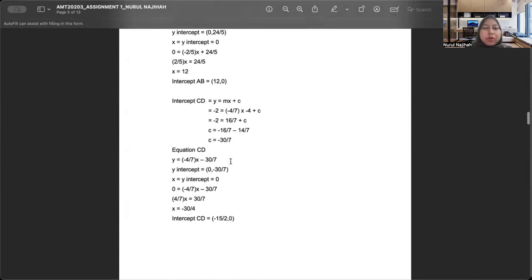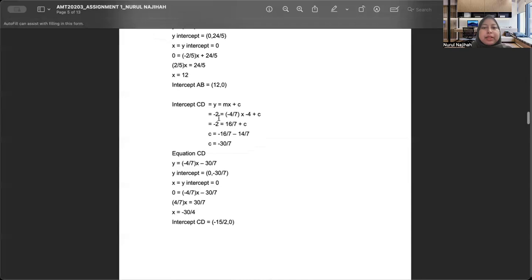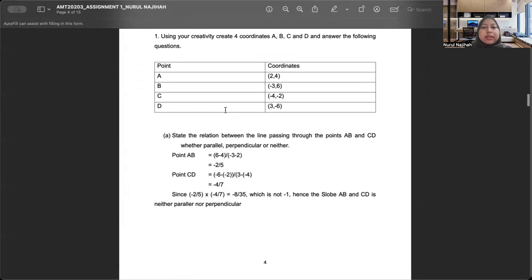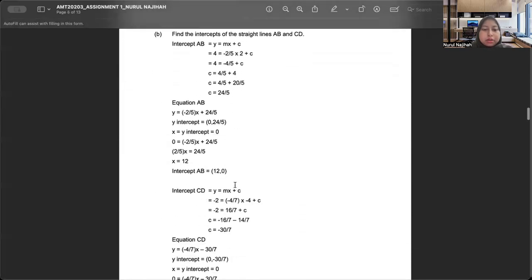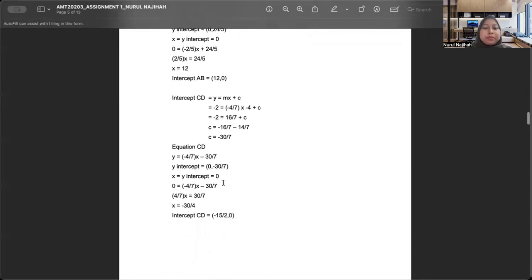The same goes for the intercept of CD. We are still using the same formula, y equals mx plus c, and we need to substitute one of the coordinates, either C or D. I have selected coordinate C, if I'm not mistaken. Yes, coordinate C. Replacing the x and y coordinates into the equation, we get c equal to -30/7.